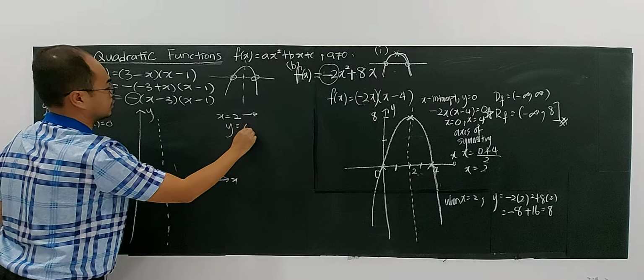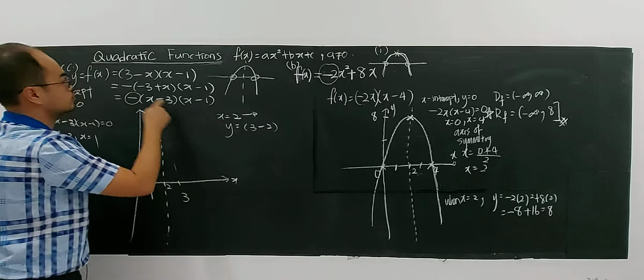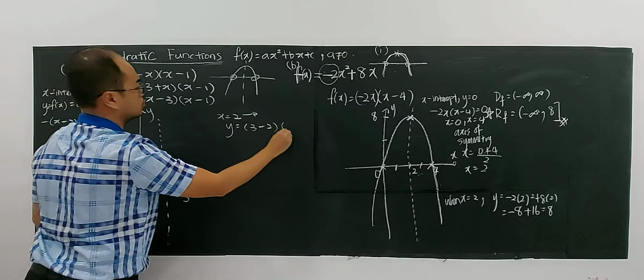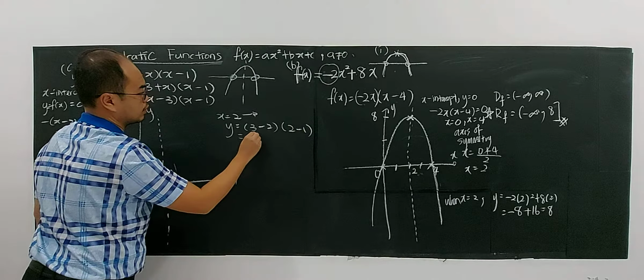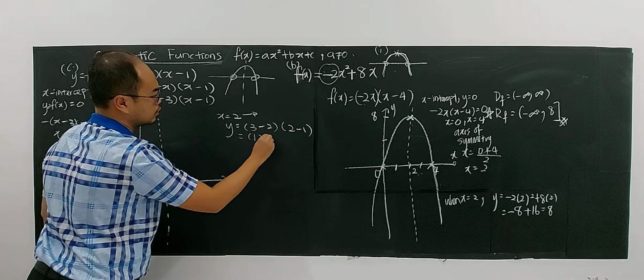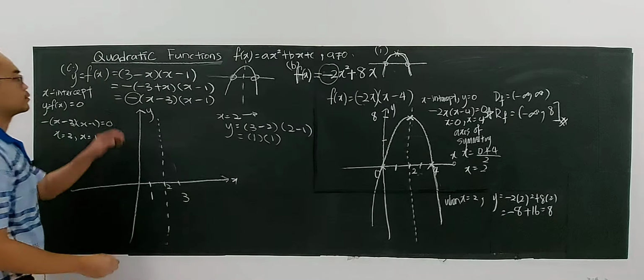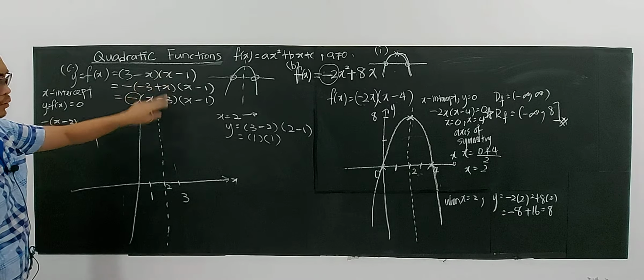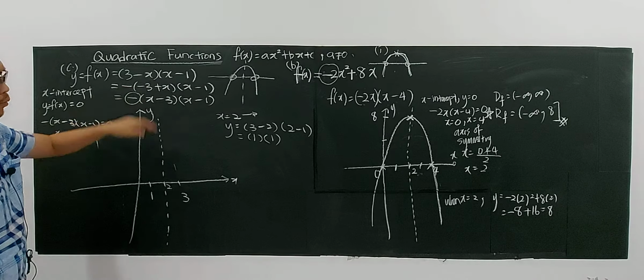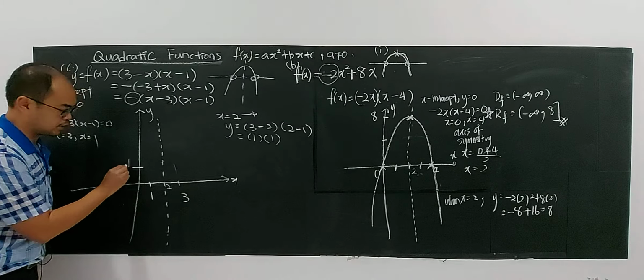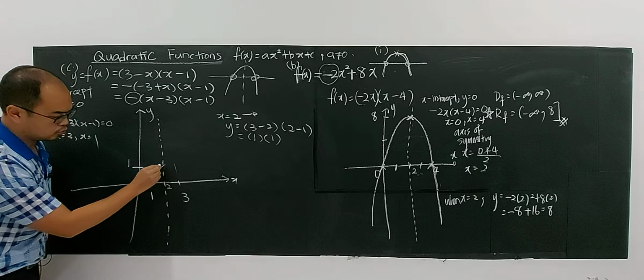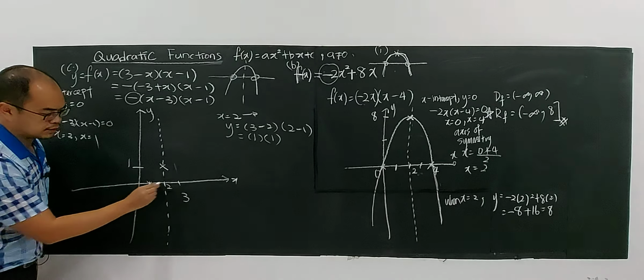So you have 3 minus 2, 2 minus 1. So 3 minus 2 is 1, 2 minus 1 is 1, right? So the maximum value here is 1, right? So at 2, there's 1. So this is the intersection.